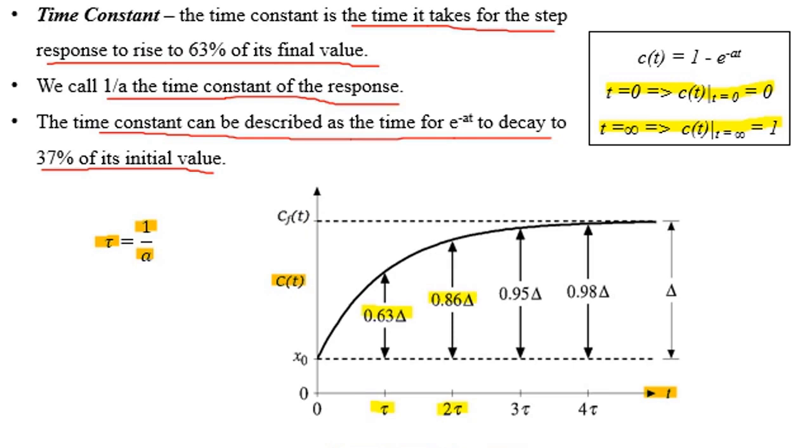After time equals 2 time constants, output of the system reaches 86% of the final value. After the time of 3 time constants, output of the system reaches 95% of the final value, and after 4 time constants of time, output reaches 98% of the final value. In this figure, delta represents the final value of the system.